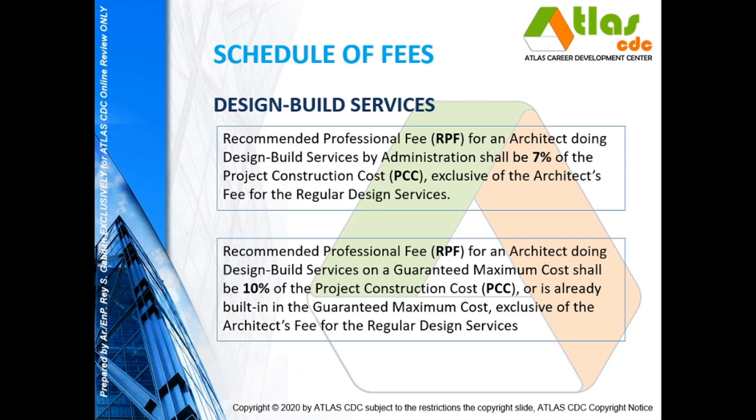And if you are doing design build services on a guaranteed maximum cost, the recommended professional fee is 10% of the project construction cost, where the fee of the architect is already built in the guaranteed maximum cost. Again, it should be exclusive of the architect's fee for the regular design services.